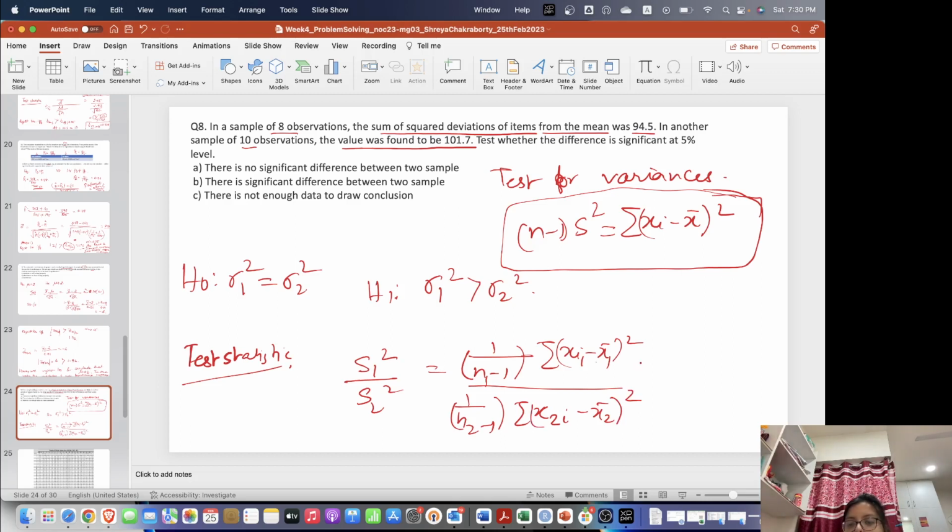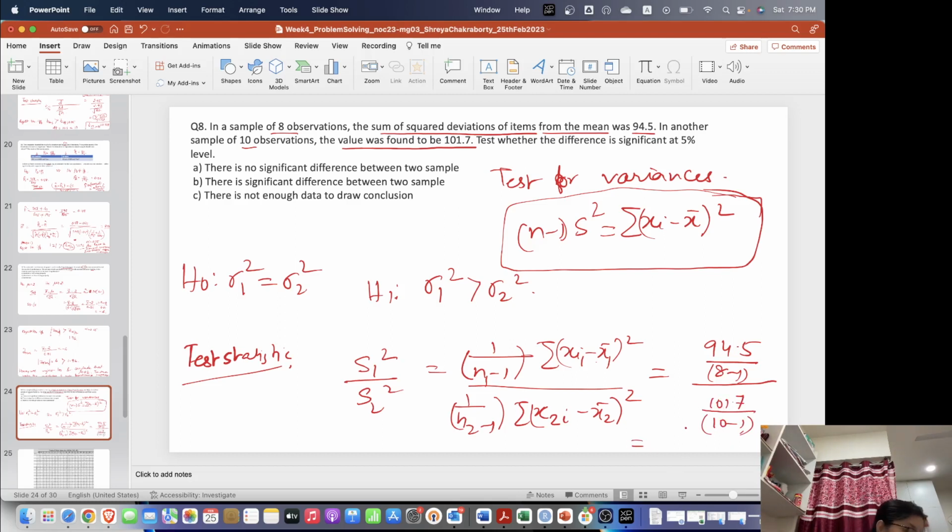So these things they have calculated. So this will be 94.5 by 8 minus 1, by 101.7 divided by 10 minus 1.